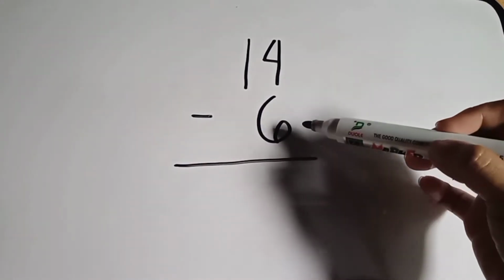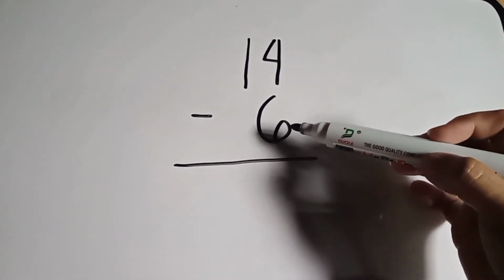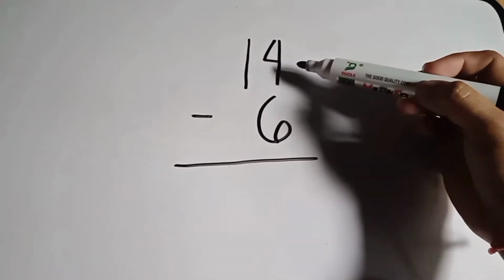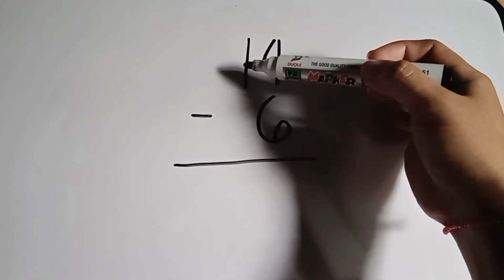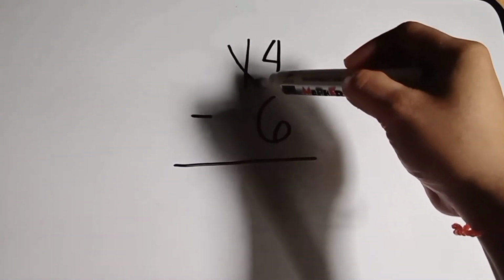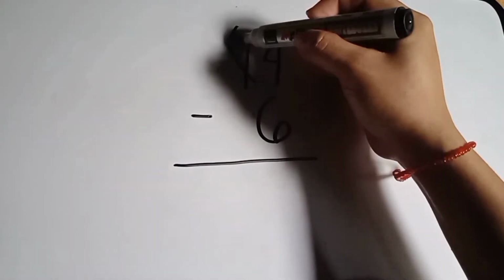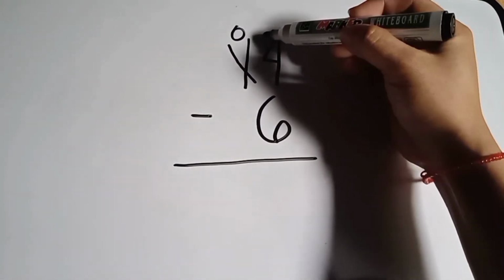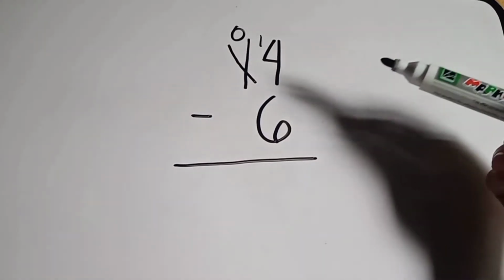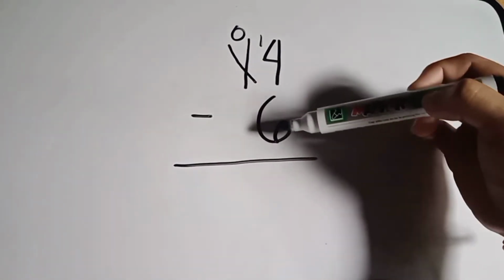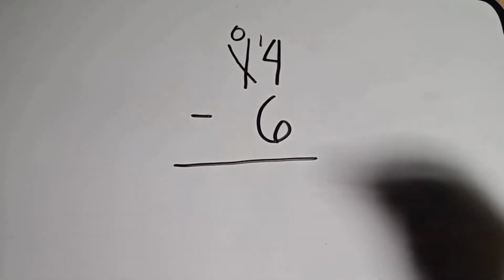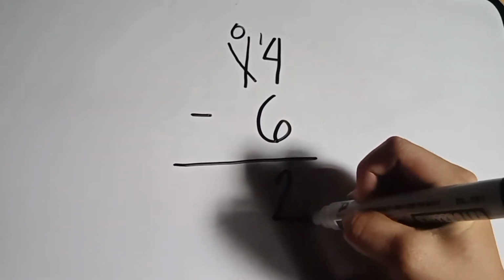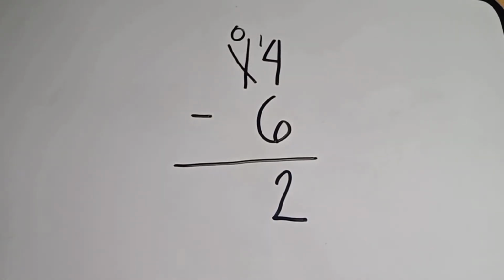So this is more on the floor, and all we need to do is go next door. In our minuend, we go to the next number, which is 1. We need to borrow here, so 1 will be 0 and the 4 will be 14. Now, 14 minus 6, or 6 taken away from 14, the answer will be 8. So, 14 minus 6 is equal to 8.